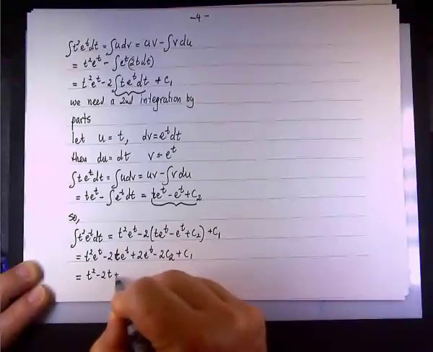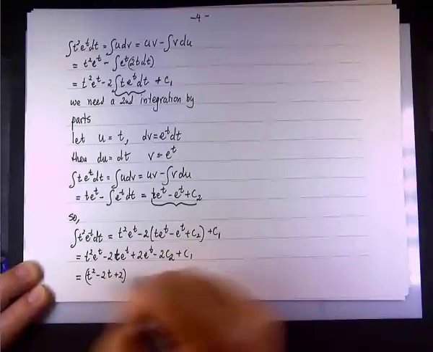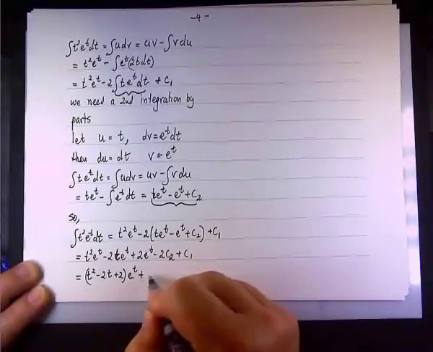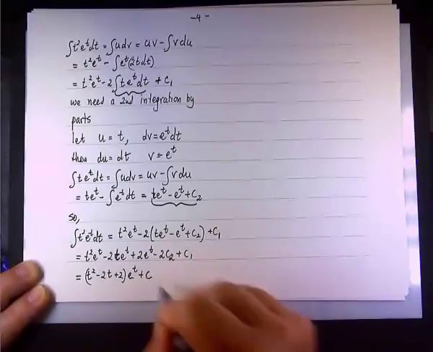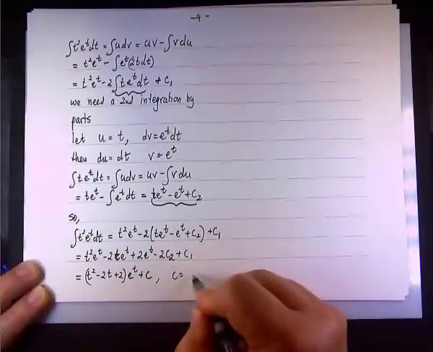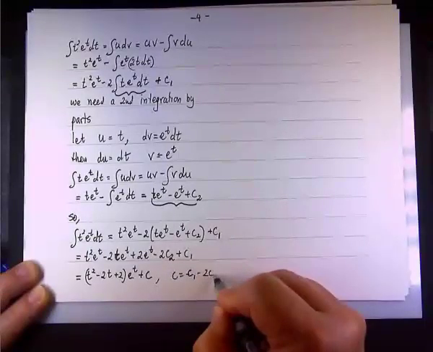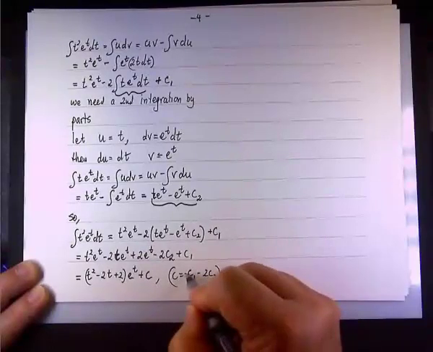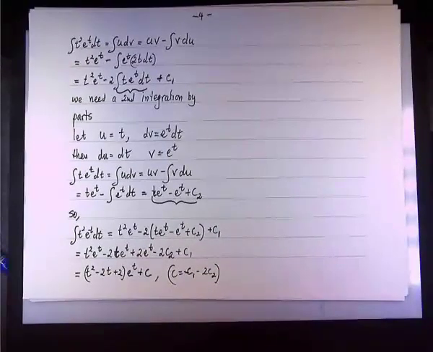To completely solve this problem, I'm going to do 2 things. I'm going to first factor out e to the t so that I have t squared minus 2t plus 2, all of it multiplied by the factor e to the t, and then collect the c's and say this is equal plus c, where c equals c1 minus 2c2.